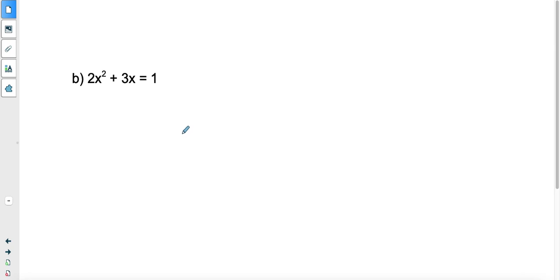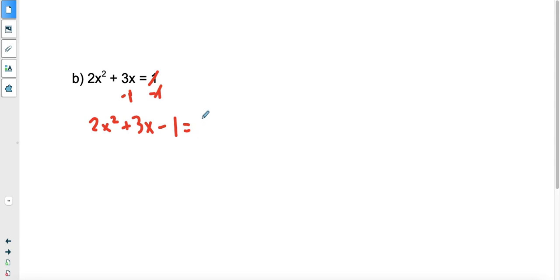So what I'm going to do is take away 1 from both sides. And if I take away 1 from both sides, then my quadratic equation becomes 2x squared plus 3x minus 1 is equal to, well, 1 minus 1, those cancel out.